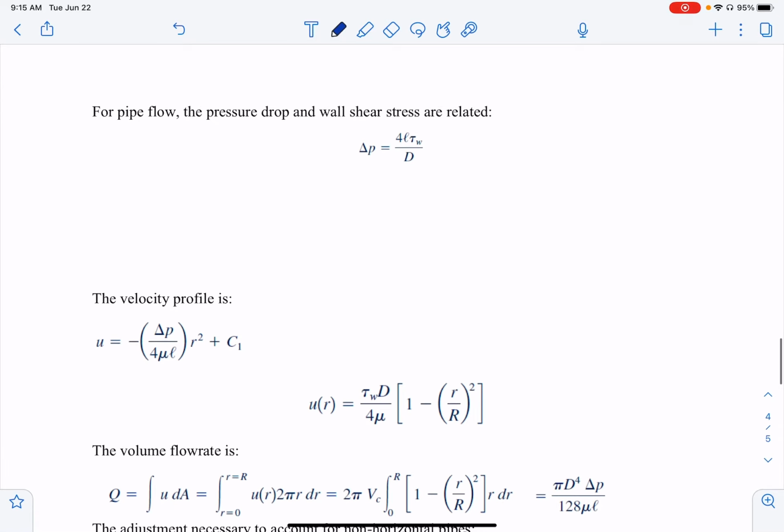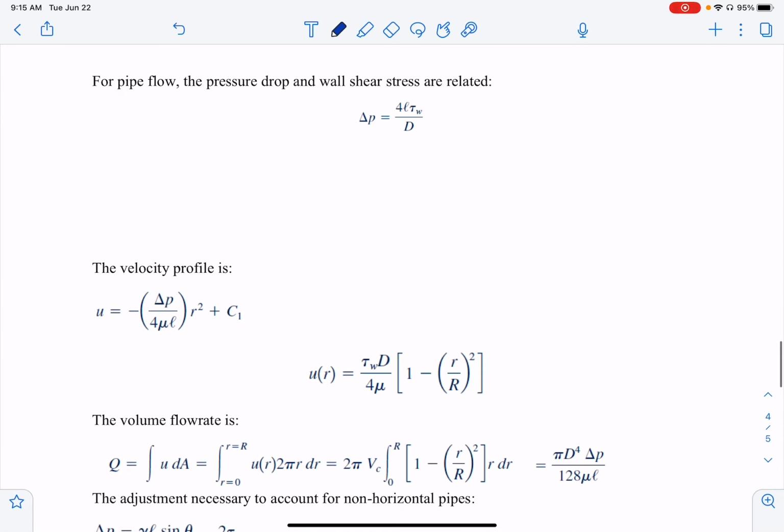If we come here, we are now going to talk about the pressure drop and the wall shear stress. How can we relate them? So let's bring this equation here. It's del P over L equal to 2 times the shear stress over R. So let me write it down here.